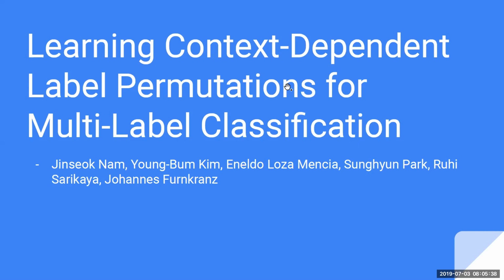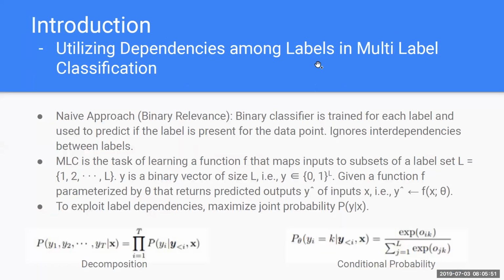Right, so the problem we're dealing with here is basically multi-label classification. It's when you train a classifier for a set of L labels and your output is going to be a subset of those labels.